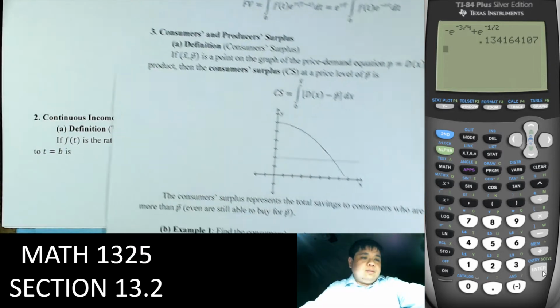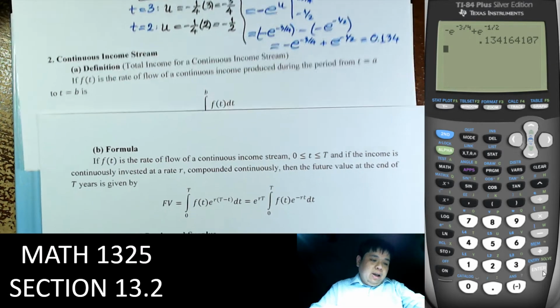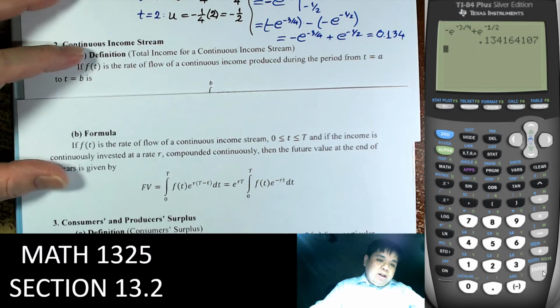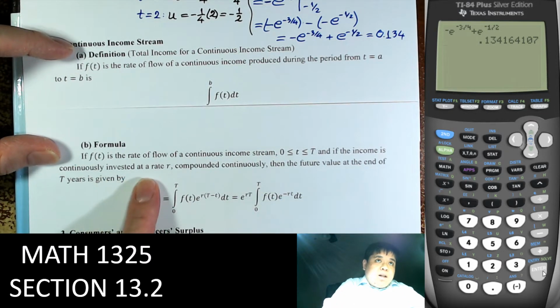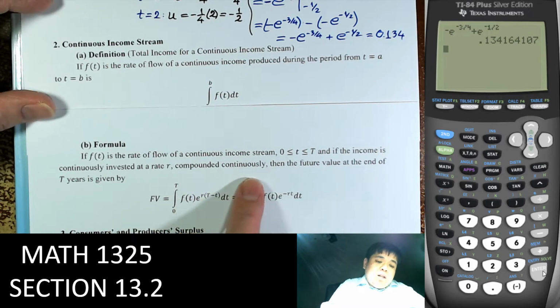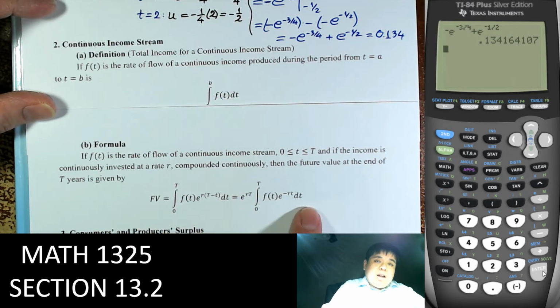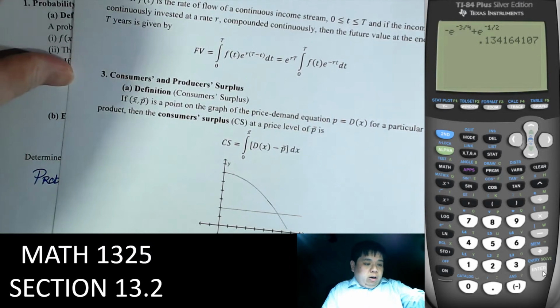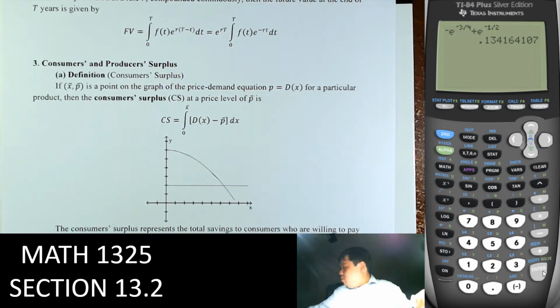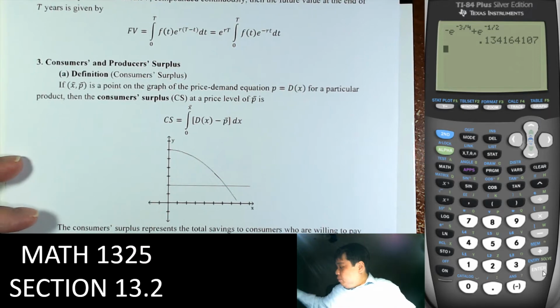Now, if it is the rate of an income stream, and it's invested at the rate r, and compounded continuously, then the future value is given by this. We will not have any example in this part of the section.